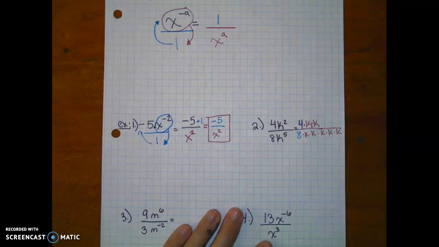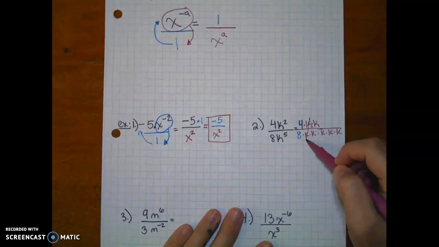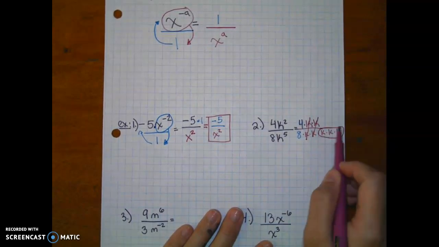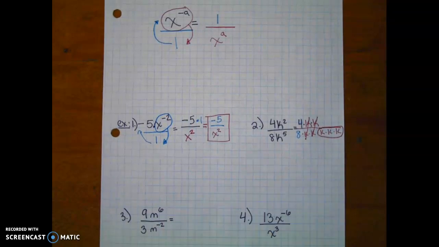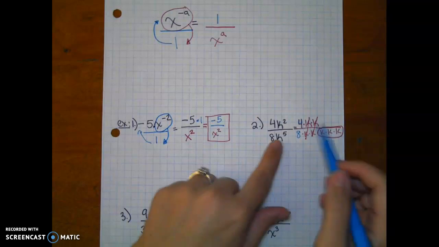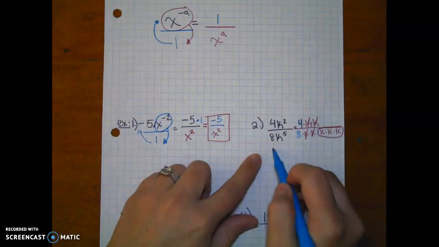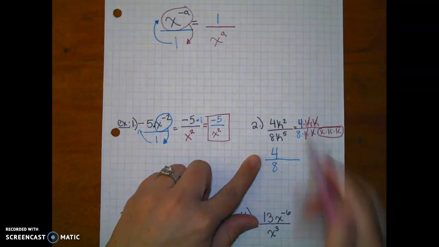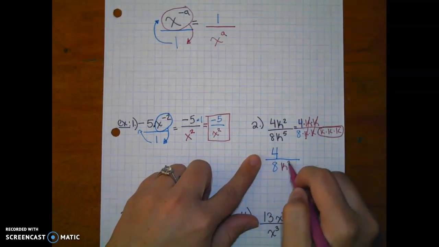Okay? Based on the other rules we learned before, I'm going to cross these out because I paired them up. And all I'm left with is 3. Right? So now, if I move it down here, I have 4 over 8 k to the power of 3.